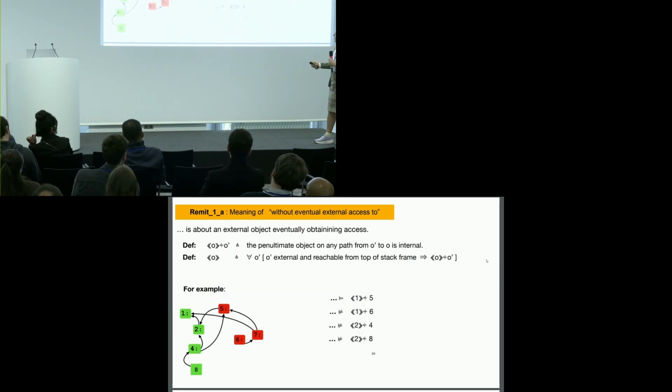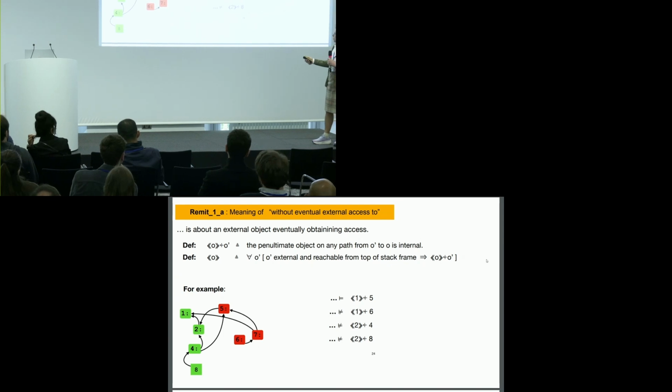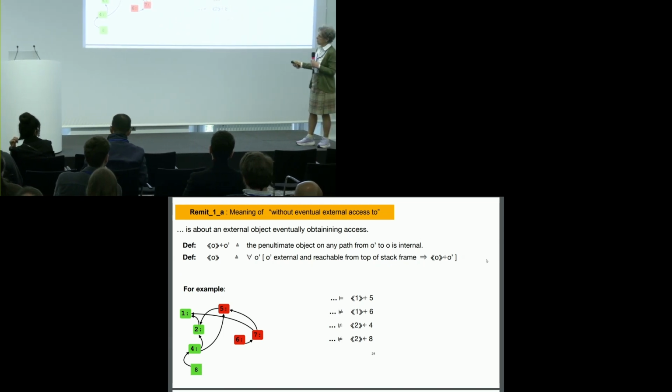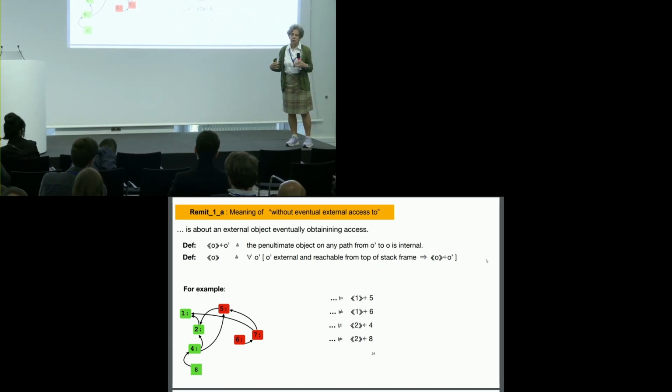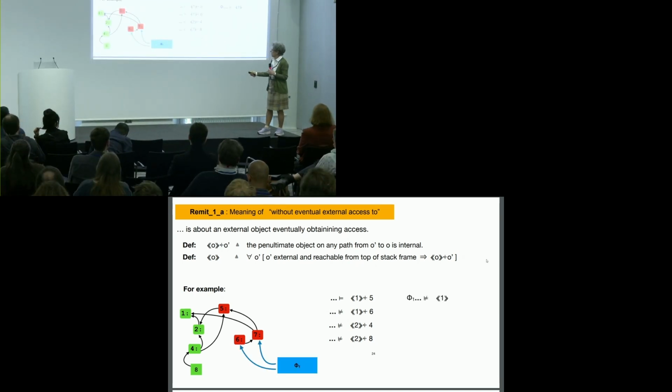And now we get to what it means for an object to be protected: the object is protected if, in the current top of the stack, in the currently accessible objects, like here, in the current top frame, none of the external objects that are reachable from the top frame have unprotected access.